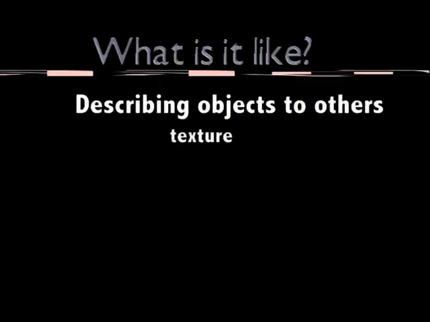You can describe objects and things to others using, like I said, texture, color, what else? Shape, good. Size, right. Texture, color, shape, size. What else? Any?